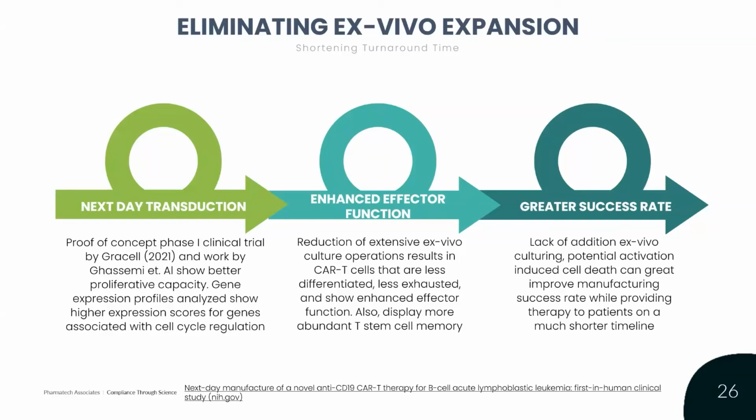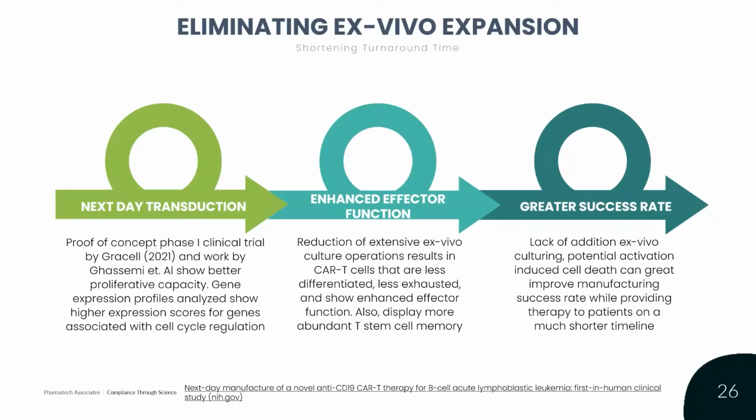And not to mention, this has enhanced effector function. What I mean by that is the reduction of these extensive ex vivo culture processes that may be leading to your T cells becoming exhausted. Well, these can also have other impacts, especially more T stem cell memory and just more efficacy of the drug product overall. And since they are targeting next day transduction and then subsequent release, lack of this ex vivo culturing means avenues of potential activation induced cell death are minimized.